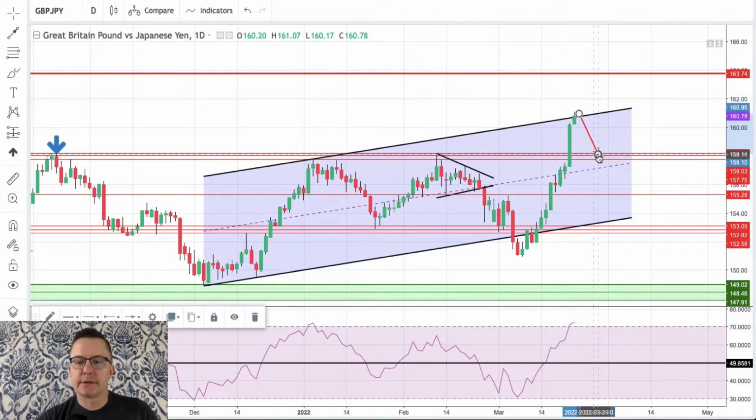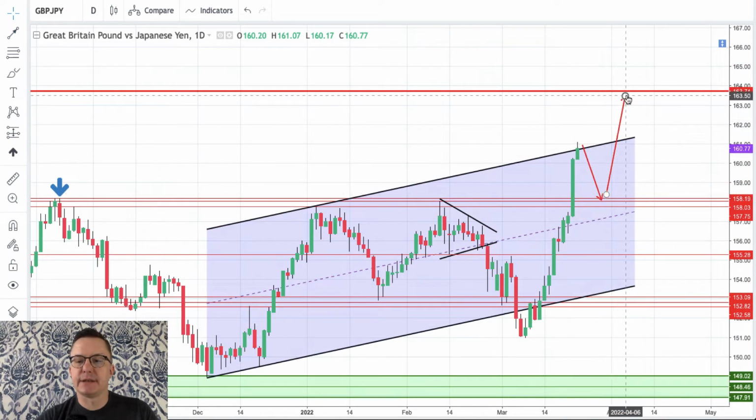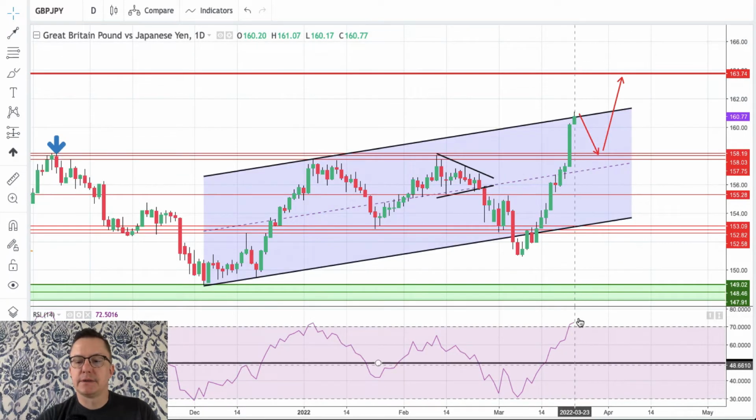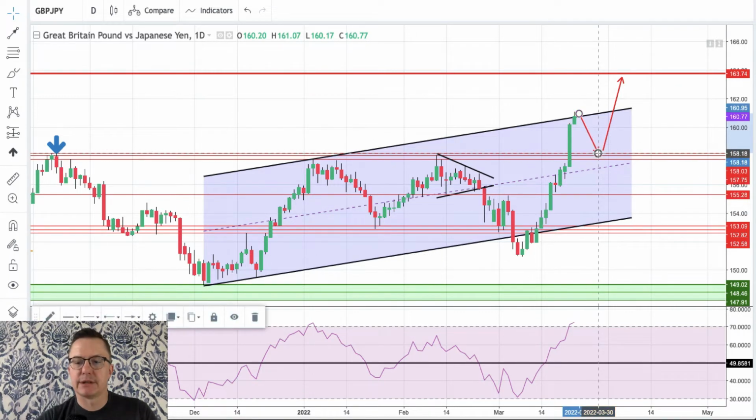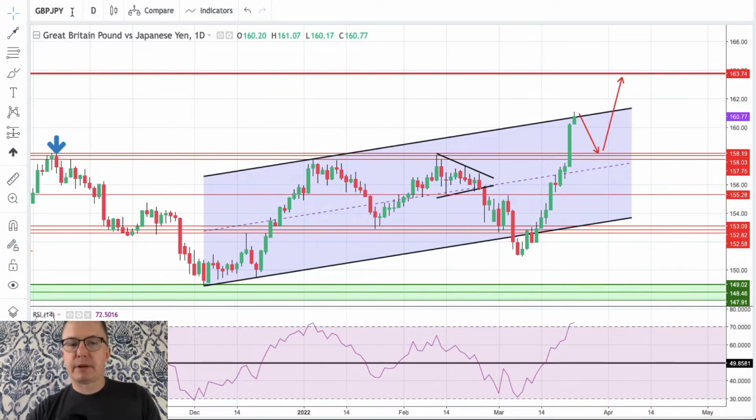The next move of the market participants might look like this. Okay, so test first and then rally. However, if bullish pressure is still very strong, we can expect even a continuation without this slight pullback towards the last technical support. So that's the British pound to Japanese yen.